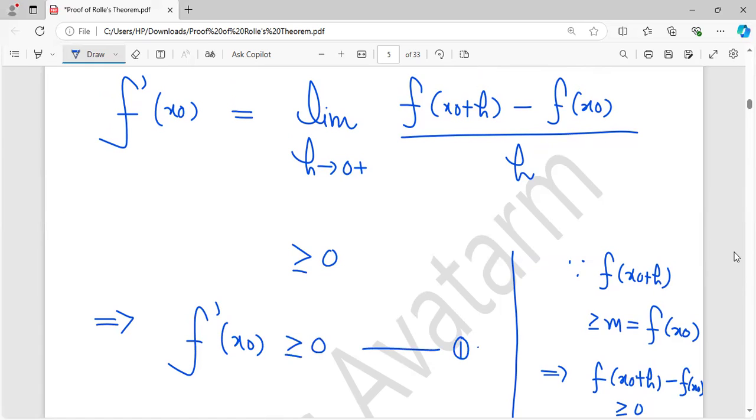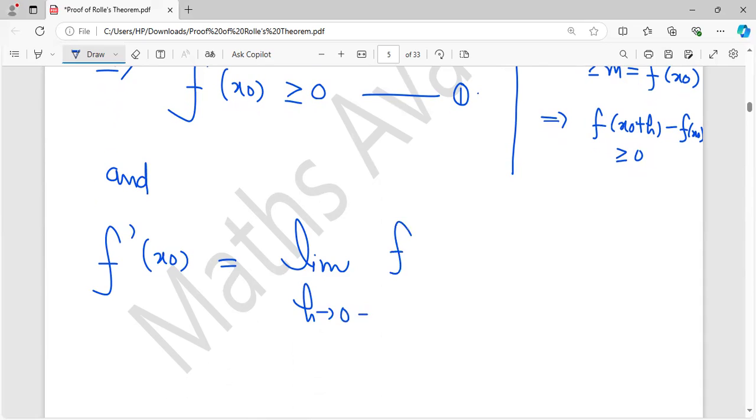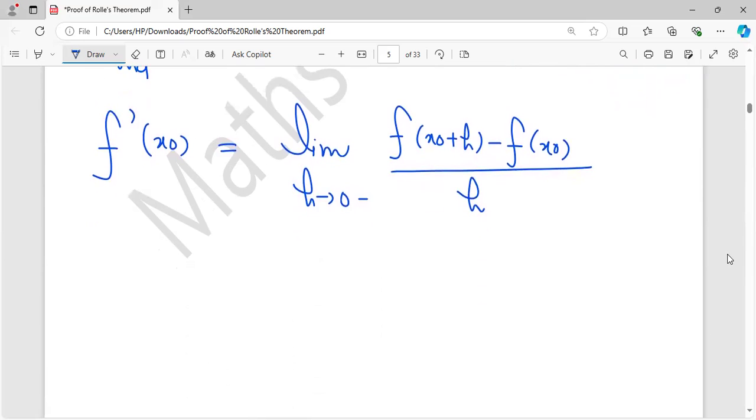Let's call this equation number 1. Now, also, if we take the left hand derivative, here again f(x naught plus h) is greater than or equal to f(x naught), because this is the minimum.